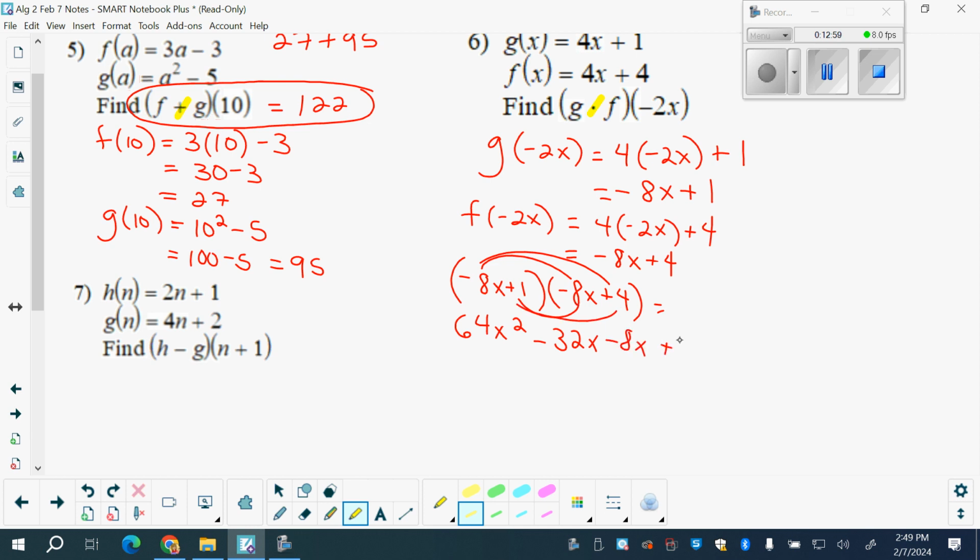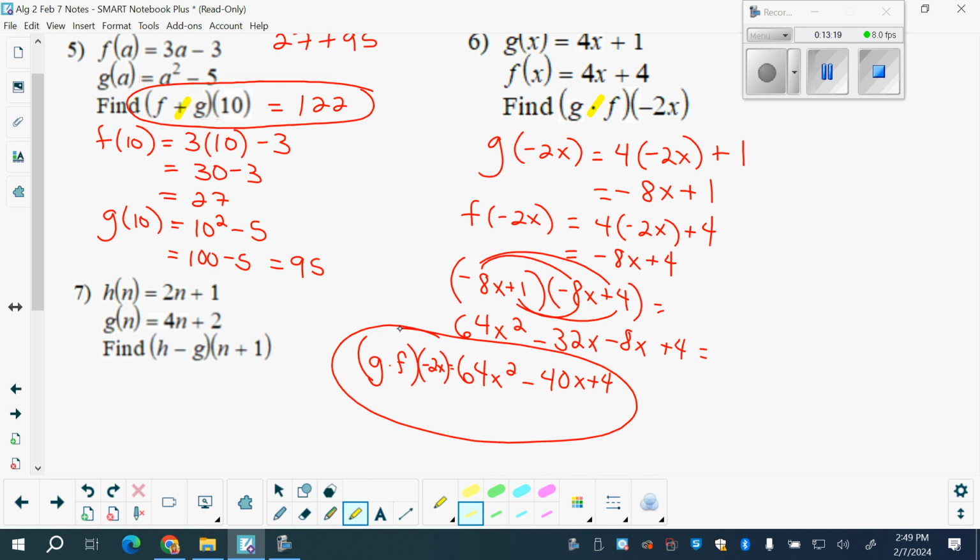Good. And then we just want to add our like terms. So 64x squared minus 40x plus 4. And then I'm just going to write the g times f of negative 2x in front of it for our notation.